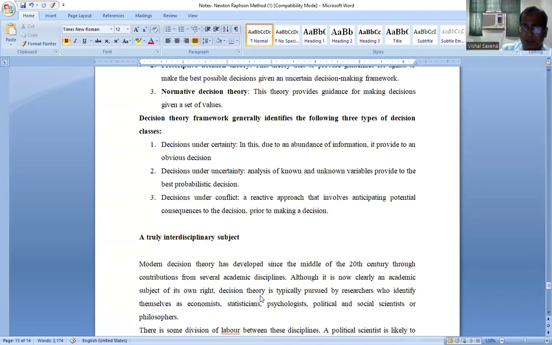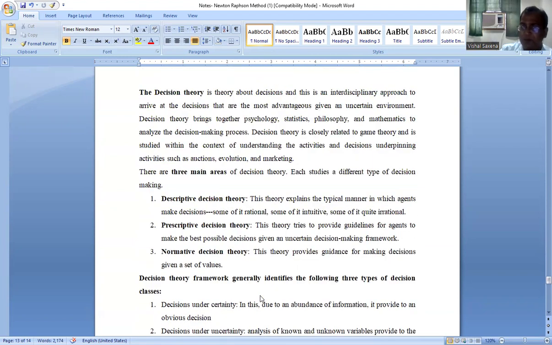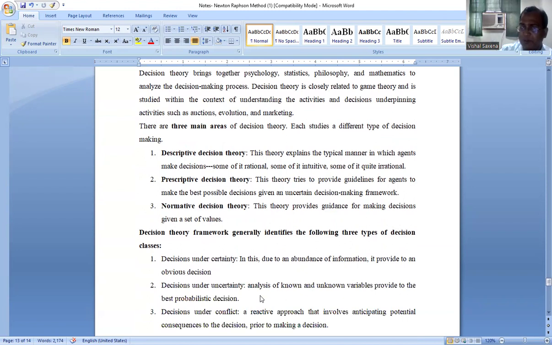In today's lecture, we have discussed its concepts and its three main areas: descriptive decision theory, prescriptive decision theory, and normative decision theory.